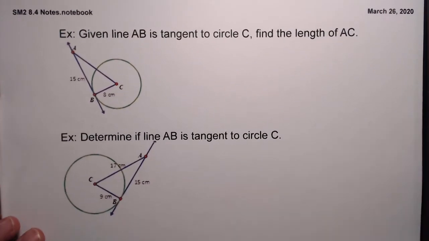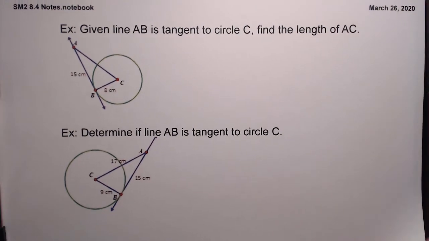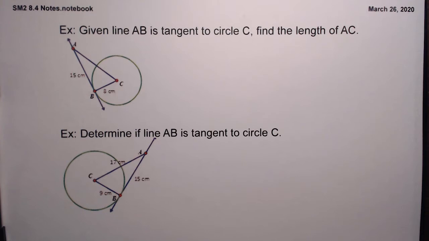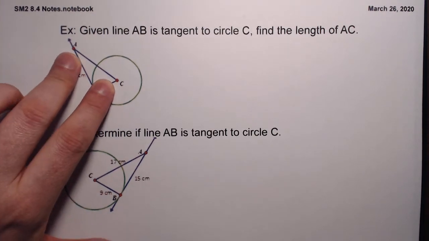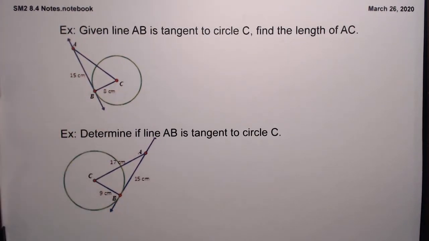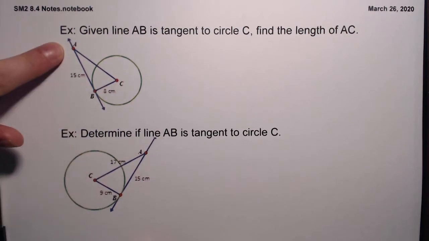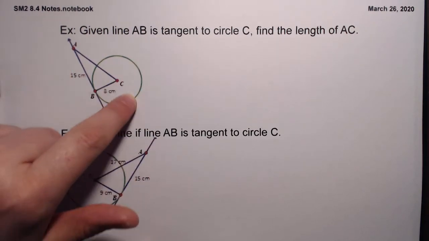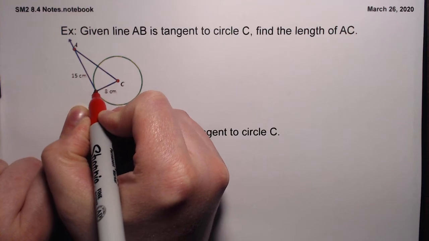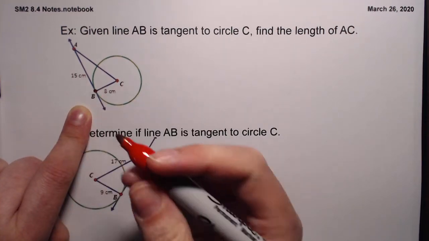I'm going to say, given that line AB is tangent to circle C, find the length of AC. So AC is that one right there. Because of the theorem we just talked about, if AB is tangent to the circle, this is my point of tangency.